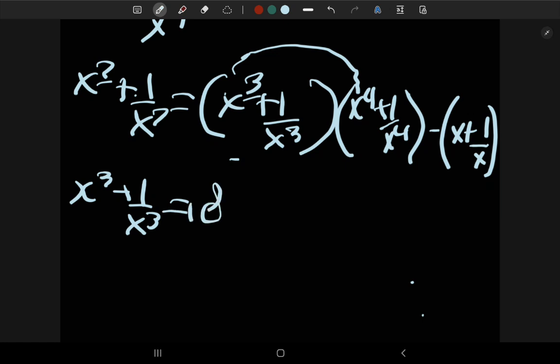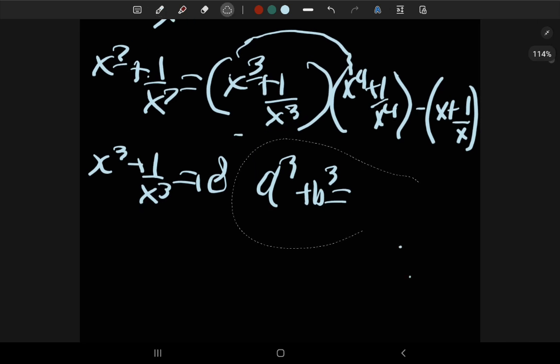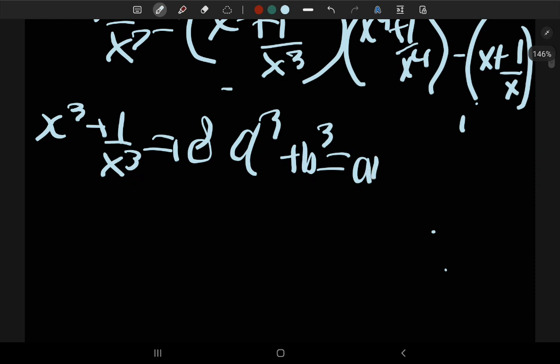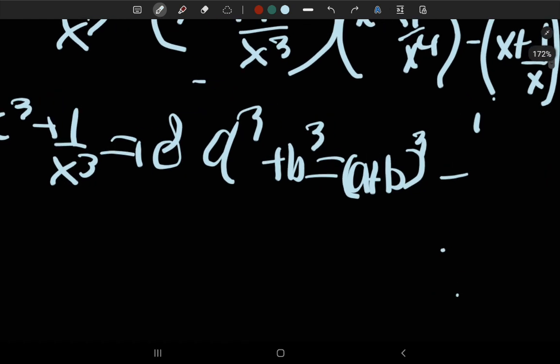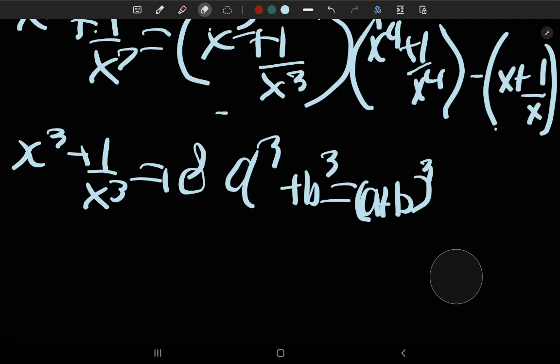This also looks like a familiar property: a cubed plus b cubed is equal to a plus b cubed minus 3ab times a plus b.